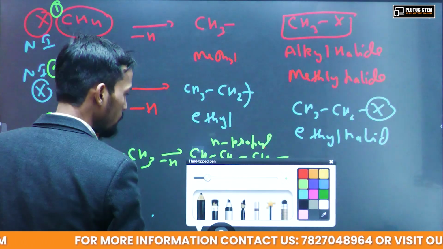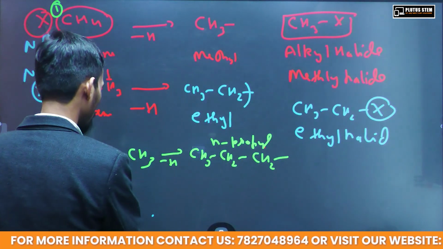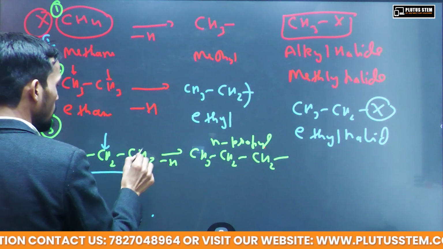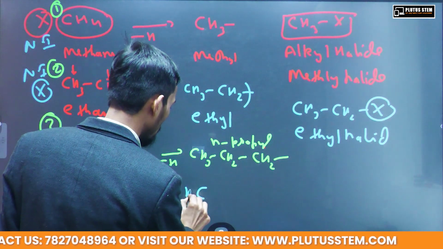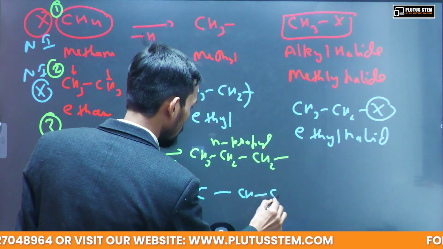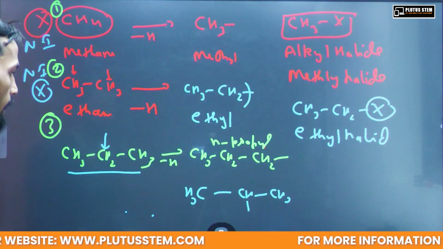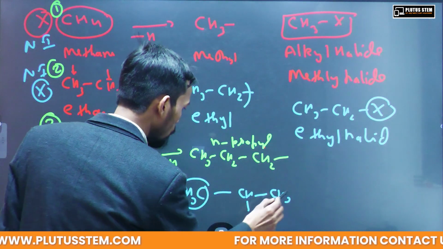And another possibility we will see is, if we take this hydrogen, these hydrogens are quite different, it will give us CH3, CH3, CH like this, and this is isopropyl.